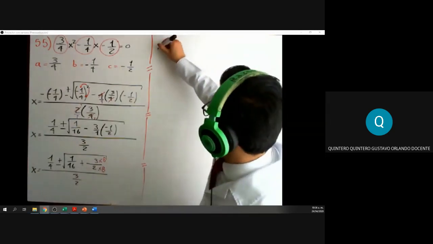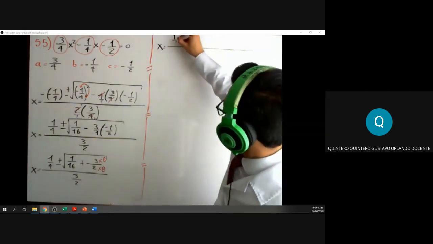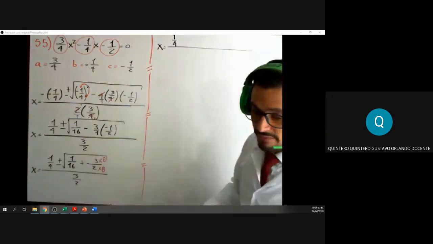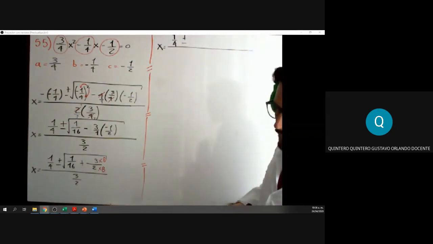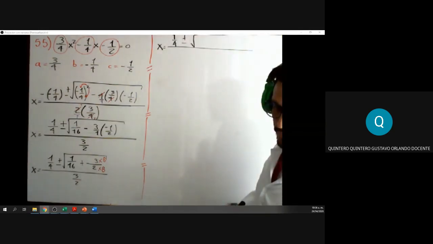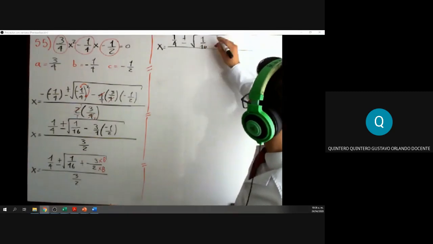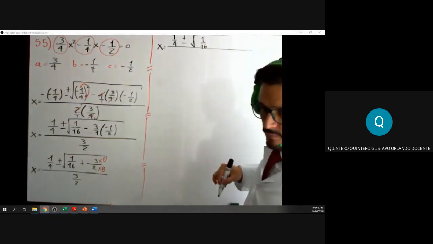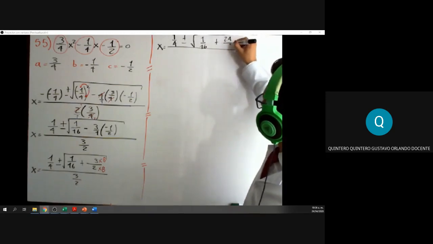Let me write the solution here. X will be equal to 1/4. That is the first part we have over here. We haven't touched that. Plus or minus the square root of 1 over 16 plus 24 over 16.